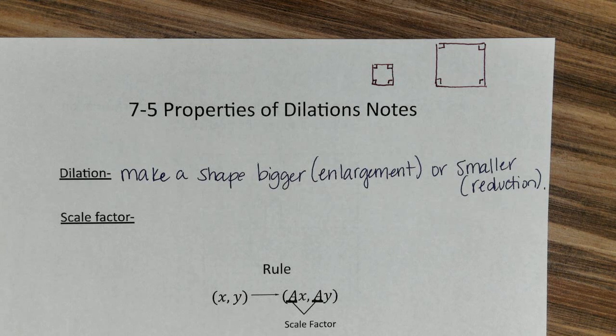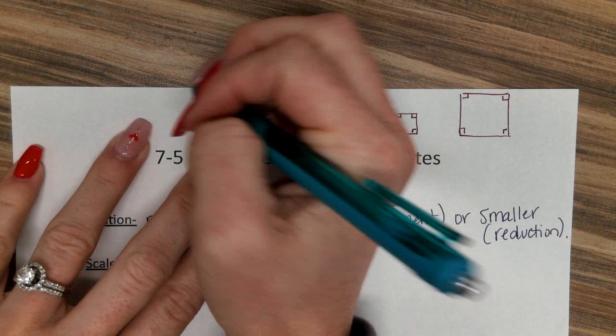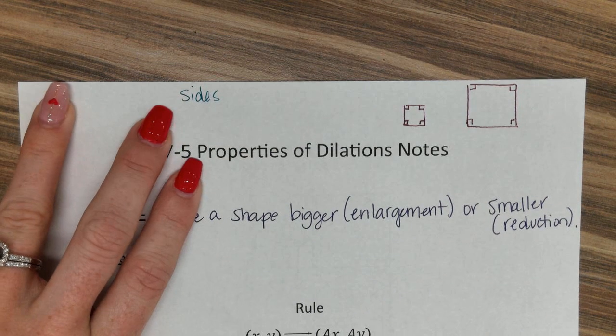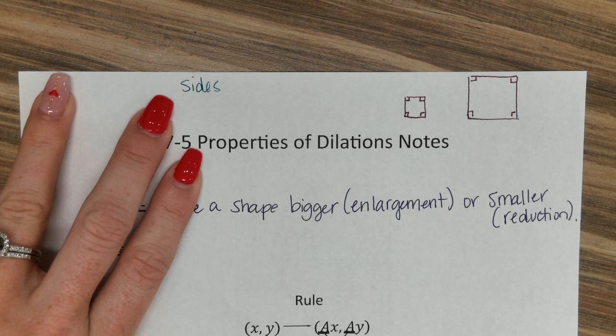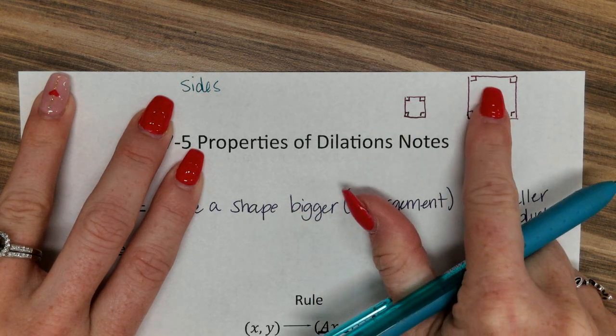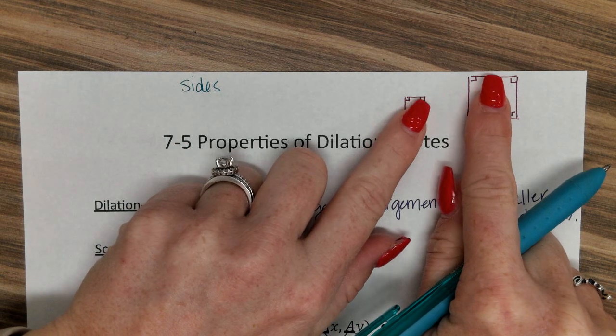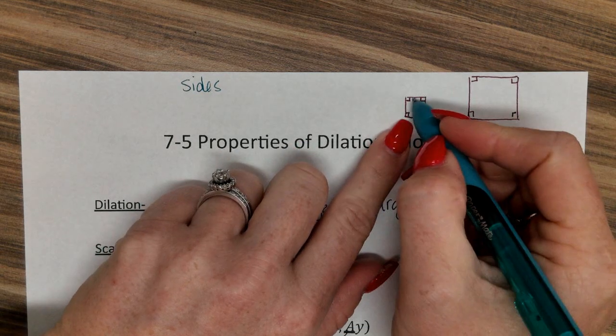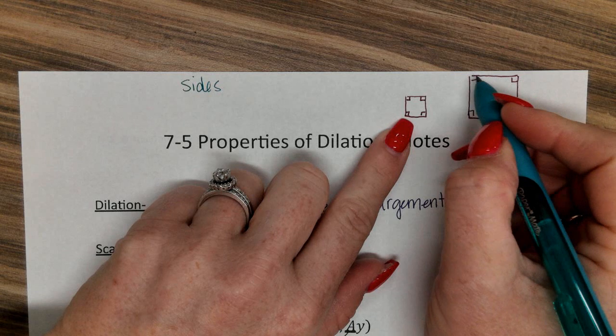Now, I'm about to write some answers down to your assignment. I will not go over it again, so if you choose to not write it down, you're on your own. Are y'all ready? The sides, are the sides exactly the same? Look at them. No. So this is exactly the same as this?